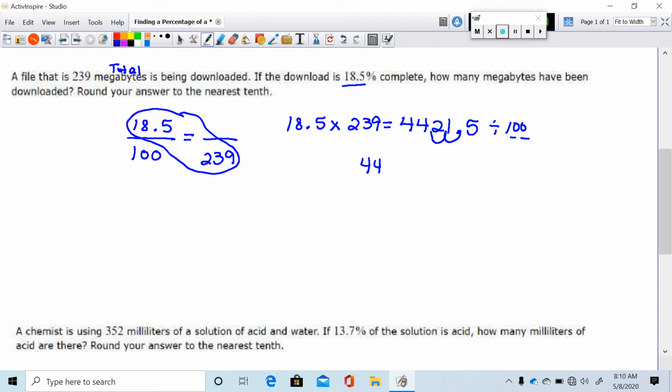So you get 44.215. However, they said nearest tenth. A tenth has one zero, so you want to look at the one number after the decimal. You want to decide if that stays or goes up. The number next to it is smaller than 5, so you're just going to leave it alone. So 44.2 megabytes.